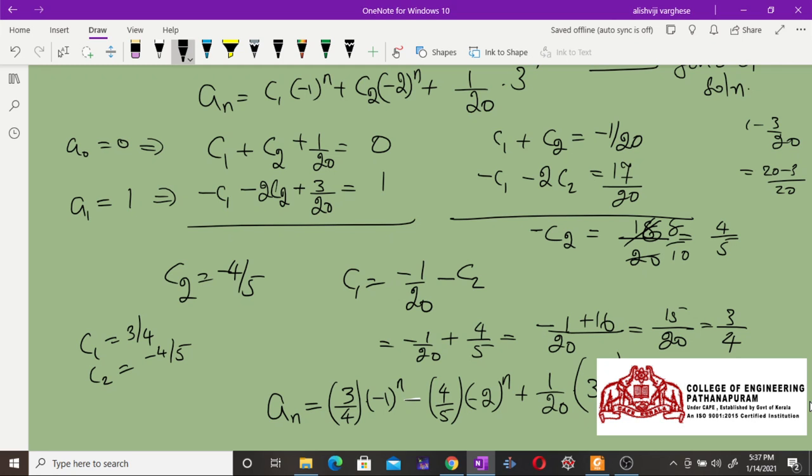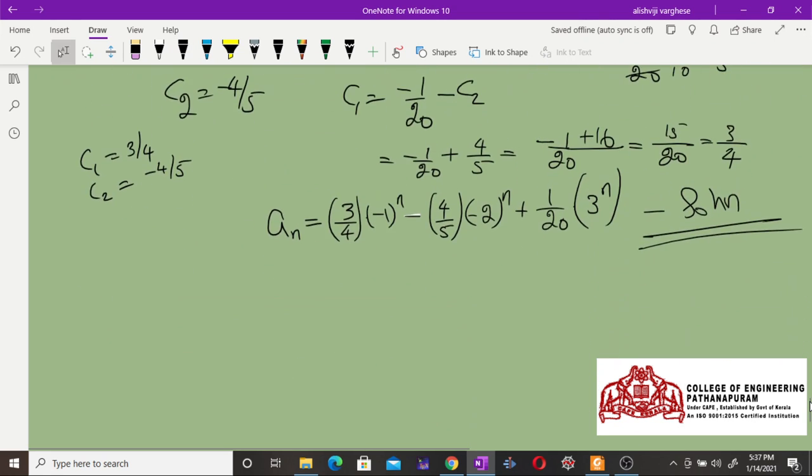So that will be our solution to the recurrence relation.